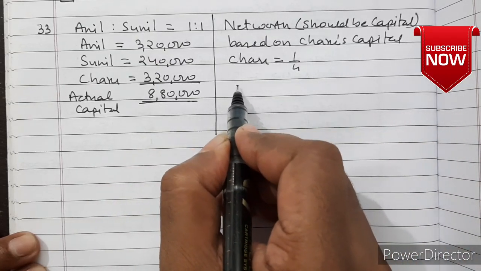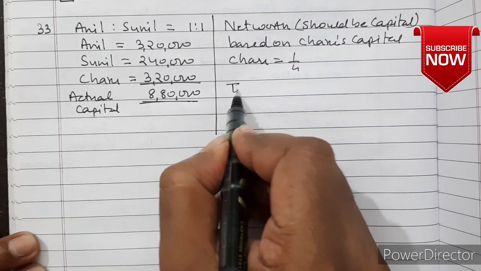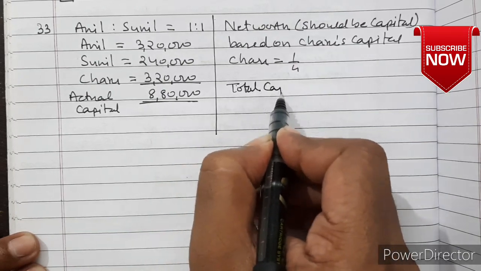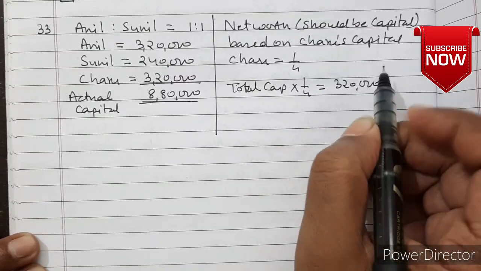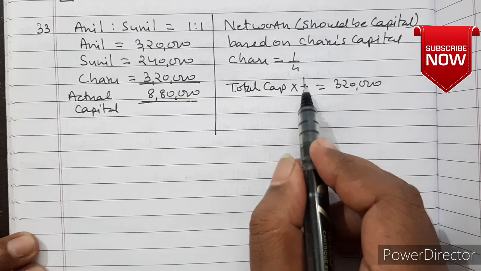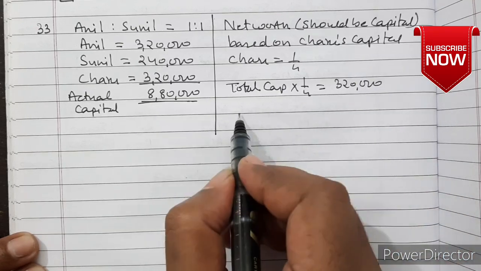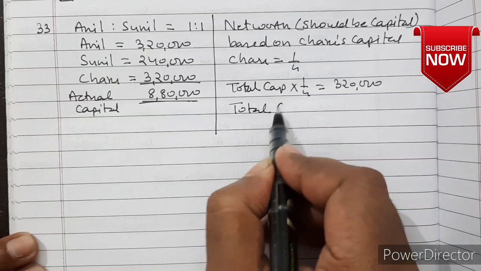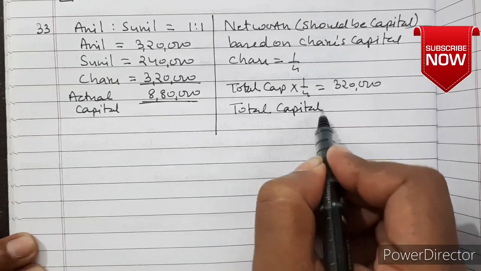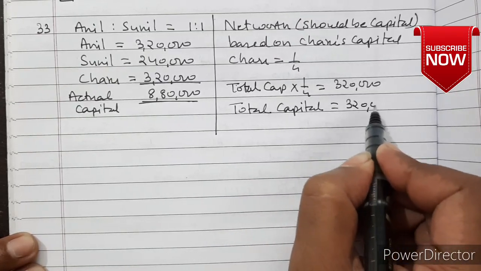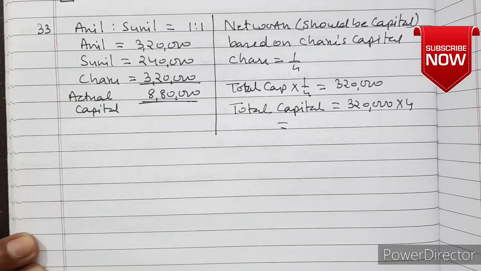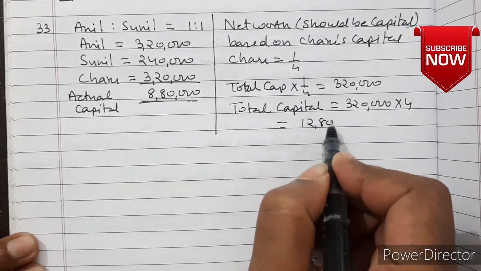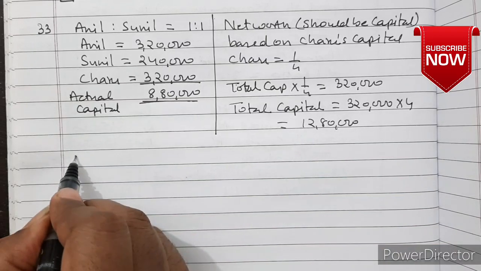So total capital into 1/4 is equal to 3,20,000. Means this 3,20,000 is 1/4 of the total capital. So total capital is equal to 3,20,000 into 4, that will be equal to 12,80,000.